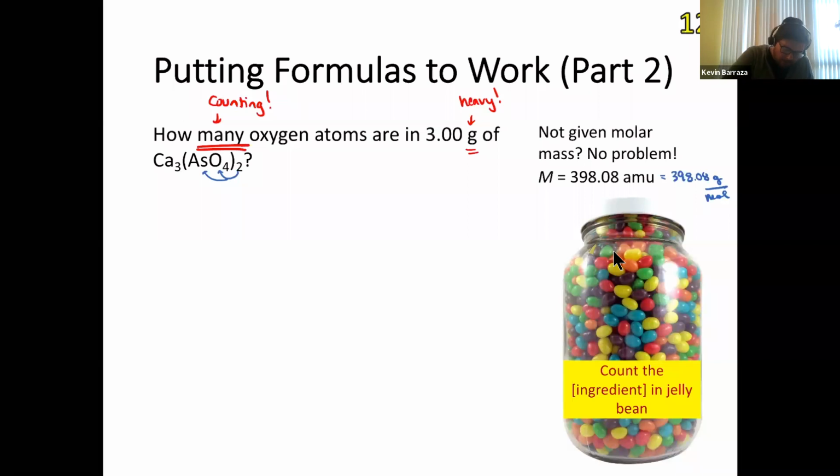We start with 3.00 grams of Ca3(AsO4)2. Now, what can I immediately do? Well, I can turn how heavy into how many. It's 398.08 grams.